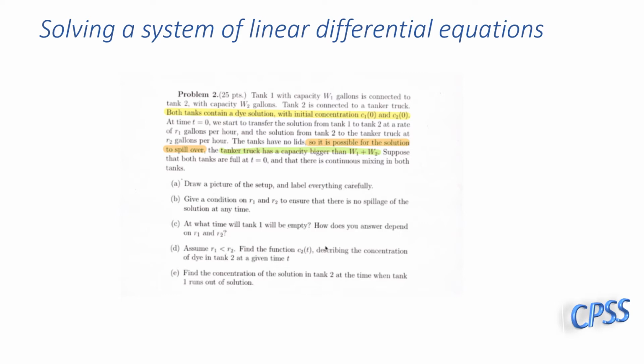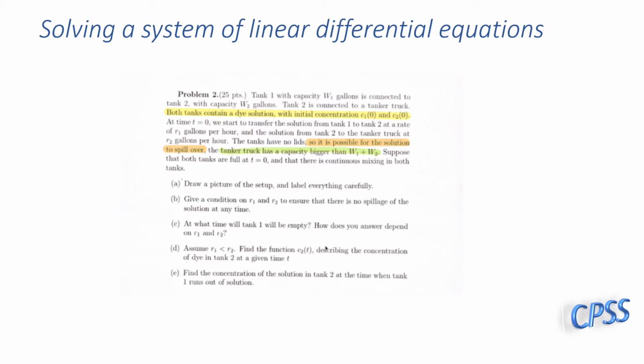Answering this question, you say, draw a picture and set up and label everything carefully. I started the picture, so that's partially answered. Then it says, give a condition on R1 and R2 to ensure that there is no spillage of the solution at any time.